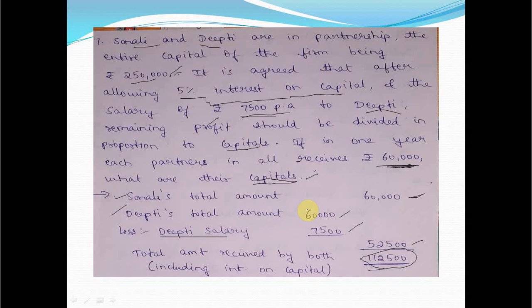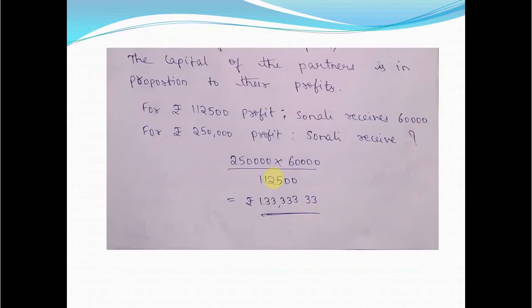The total amount received by both, including interest and capital, is 1,12,500. Now the profit is to be distributed as per the partners' capital.